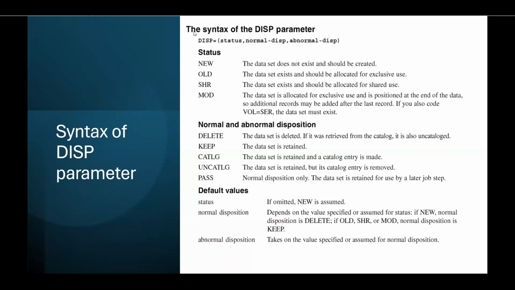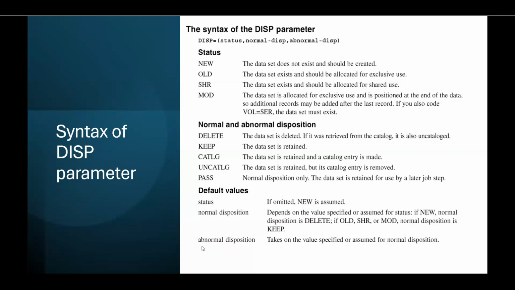So in your disposition parameter, if you provide the status as new and you forget to provide the normal disposition parameter, we have the default values. If the file status is new, the normal disposition is delete, and if the file status is old, share or mod, the normal disposition value is keep.